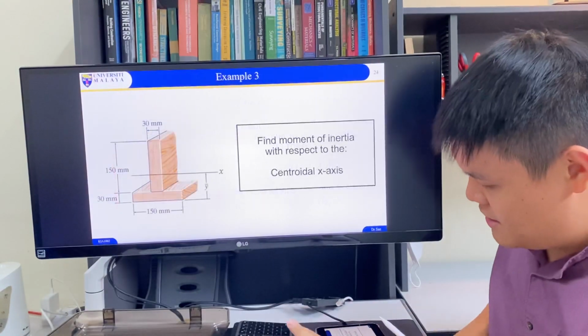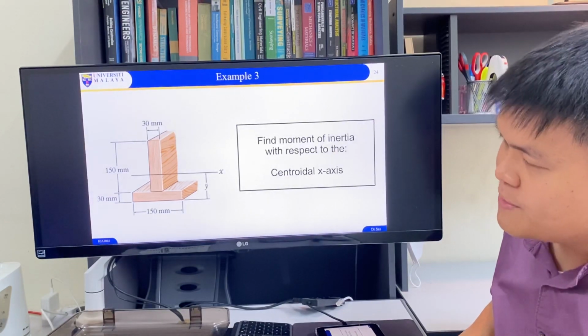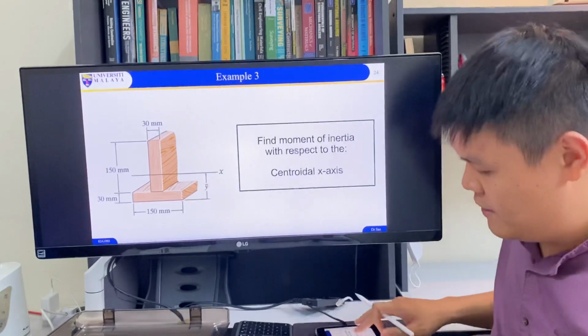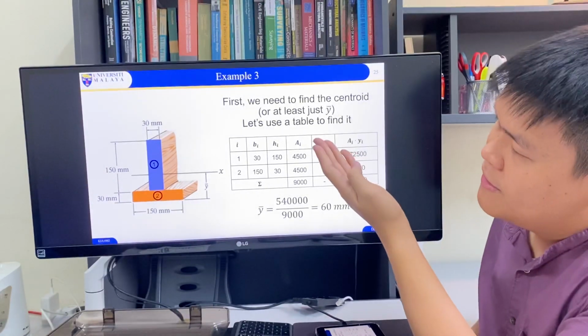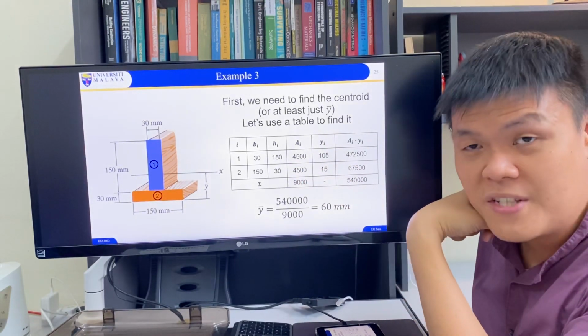Okay, let's look at an example. Find the moment of inertia with respect to the centroidal x-axis of the whole cross-section. Find the centroid first. This time, let's use a table.